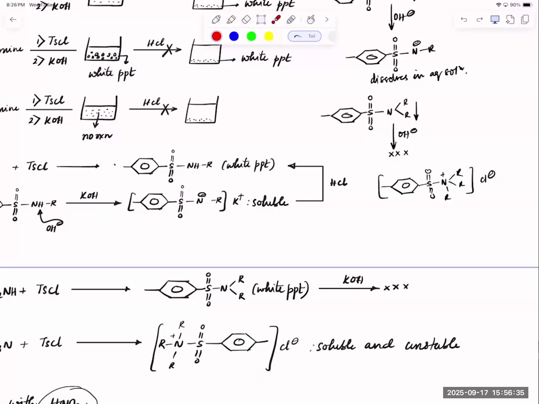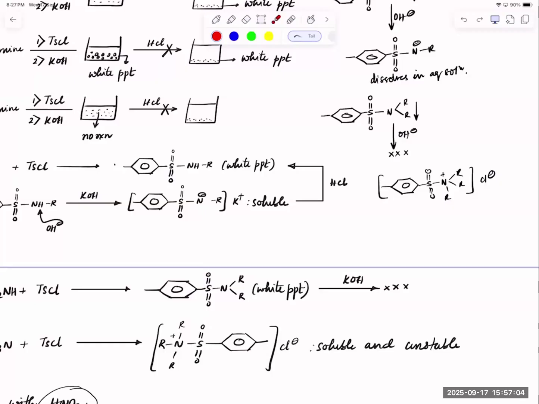Hinsberg test is identification of 1 degree, 2 degree and 3 degree amines. At the same time, it can be used as a separation test. Imagine I have a liquid content of 1 degree, 2 degree, 3 degree amines together. The minute you add tosyl chloride to it, 1 degree and 2 degree will get precipitated. 3 degree will remain as a soluble solution, correct?